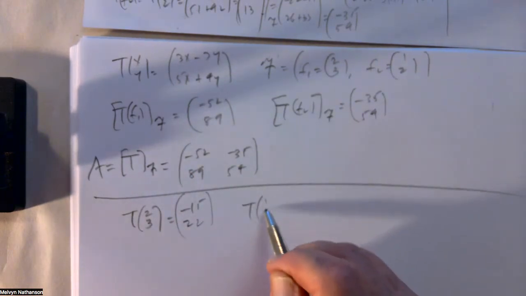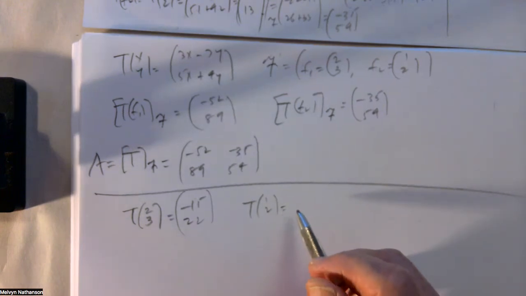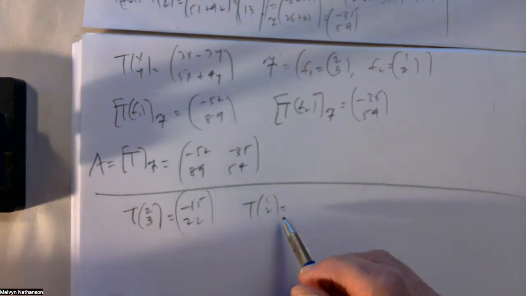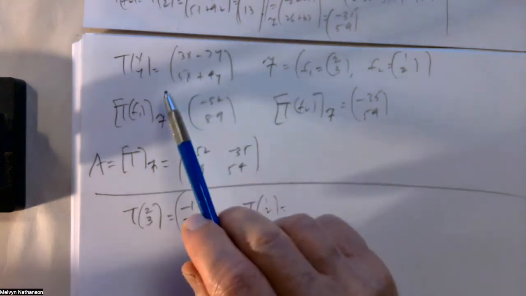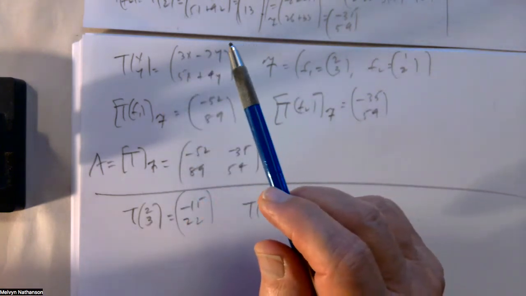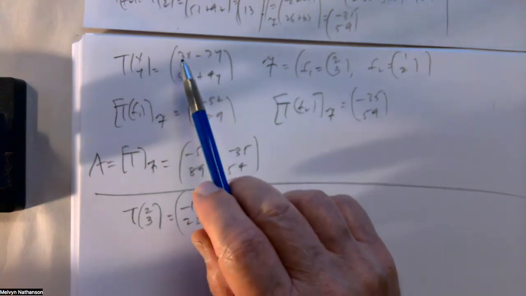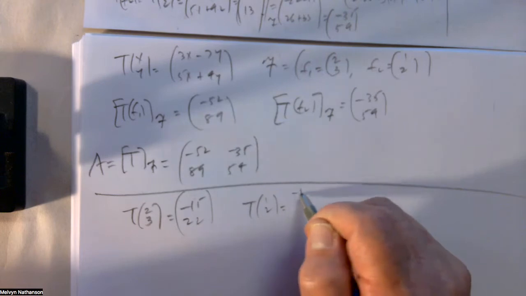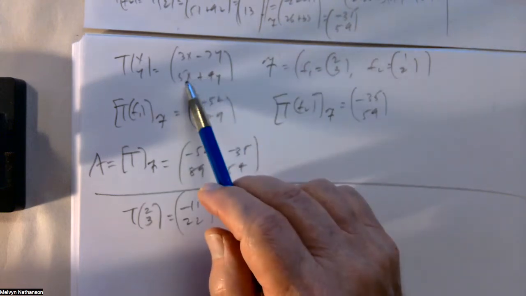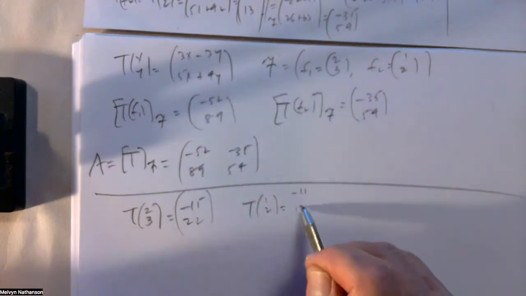And T of the vector (1, 2) is minus 11, and 13.